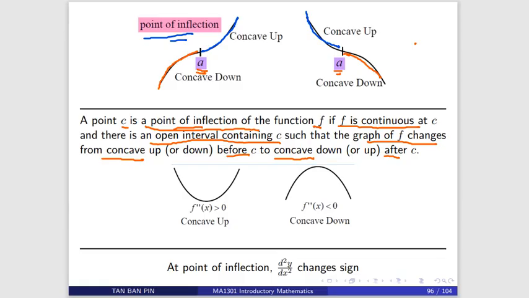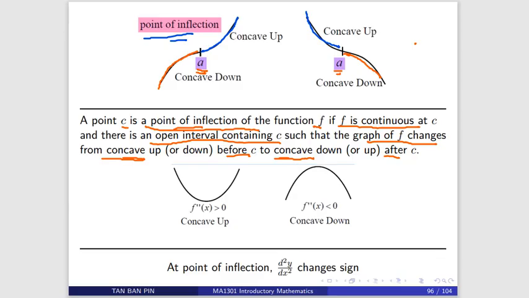So to have a point of inflection means there must be a change of curvature. So we call point C a point of inflection if before C the graph is concave up, and after C the graph is concave down, or the other way around.